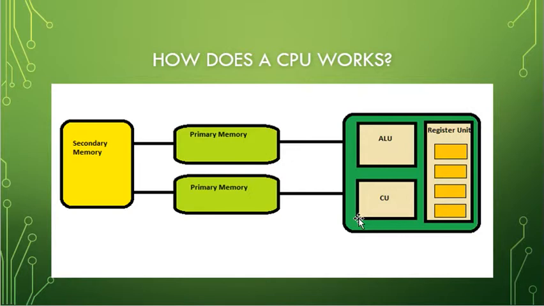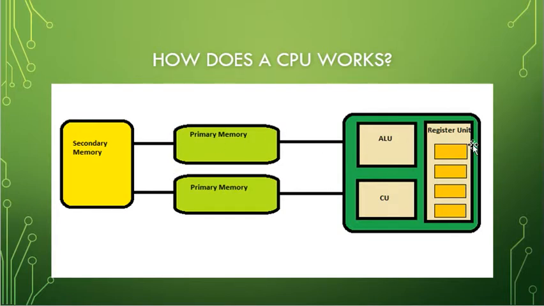So for example, it will let the ALU know that it has to do the addition, or if there is a comparison that happens in the ALU, then there is no output. So the ALU sends a flag to the control unit to say what the result is, and then after that the control unit will decide what will happen based on the instructions that come from the primary memory.